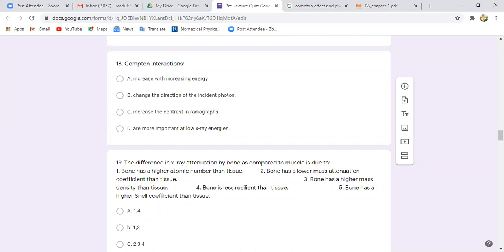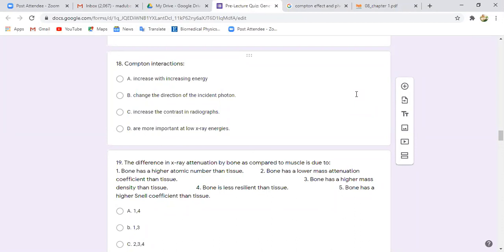Option A says it increases with increasing energy. A is wrong, it actually decreases with increasing energy. B, changes the direction, yes, it changes the direction of the incident photon.